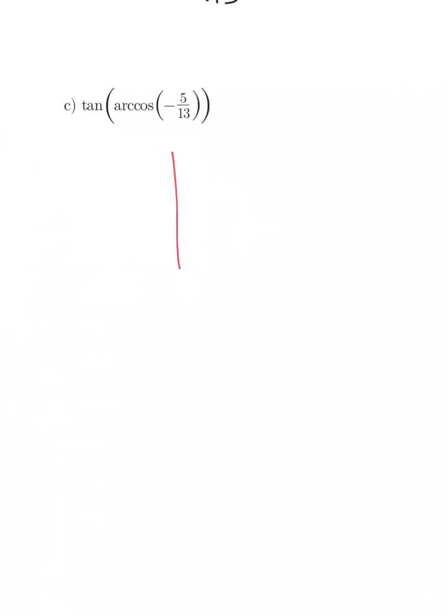We are using second quadrant for cosine. Tangent and sine are fourth quadrant for negative, but cosine is second quadrant. Set up a relationship where the cosine x is 5, r is 13, the x gets the negative. Do your Pythagorean theorem to find the y value.